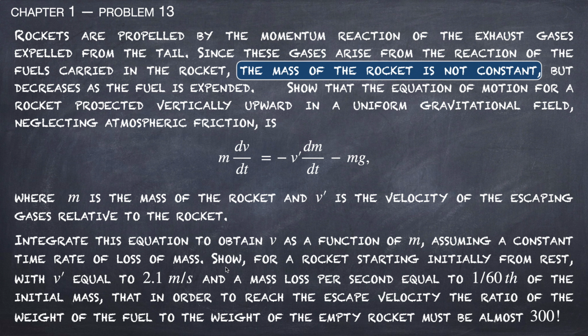And then show for a rocket starting initially from rest, with v prime equal to 2.1 meters per second, and a mass loss per second equal to 1/60 of the initial mass, that in order to reach the escape velocity, the ratio of the weight of the fuel to the weight of the empty rocket must be almost 300 factorial.